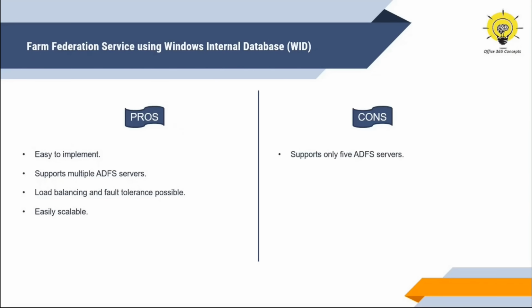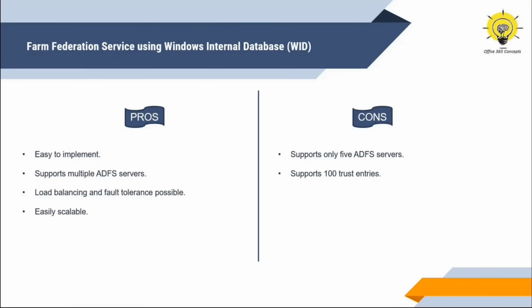That means we can add more servers to our farm. But this type of deployment supports only 5 ADFS servers. We cannot install more than 5 ADFS servers within the farm if we have selected Farm Federation using Windows Internal Database or WID. The other disadvantage of this type of deployment is that we can create only 100 relying party trusts within the ADFS server.